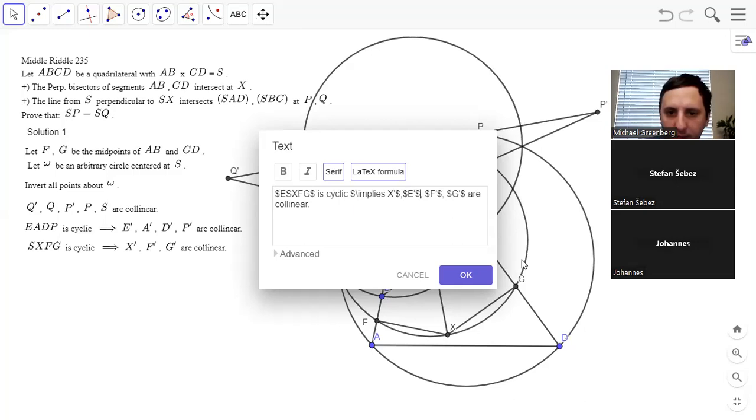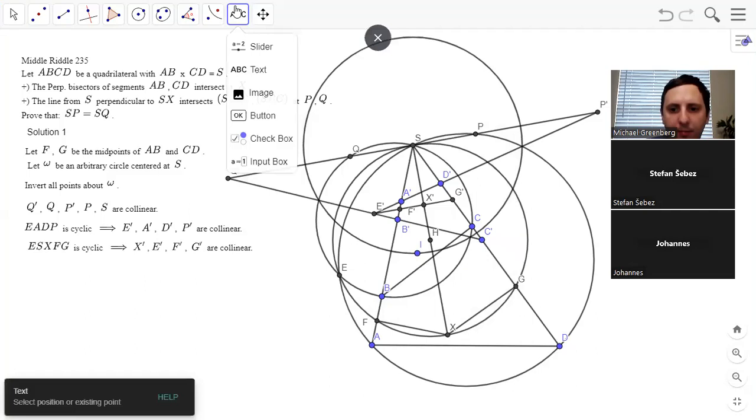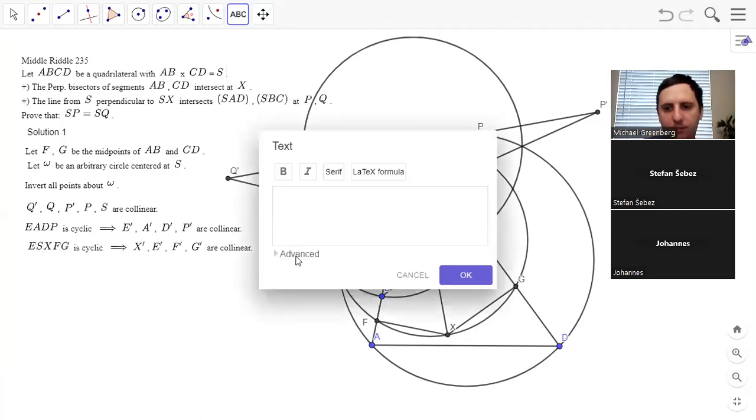Yeah, once we know all this, then CGD and infinity is harmonic. So CD, G, and then CD.